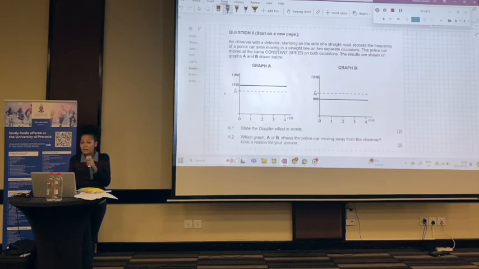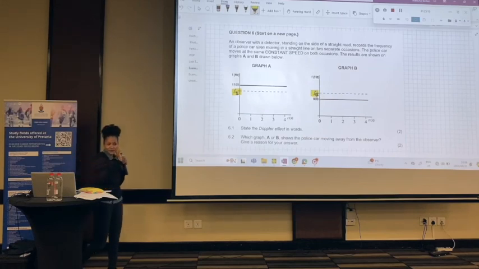In my opinion, I might be wrong, because what is happening is the observer is the person who is standing stationary, and there is this police vehicle that is moving.